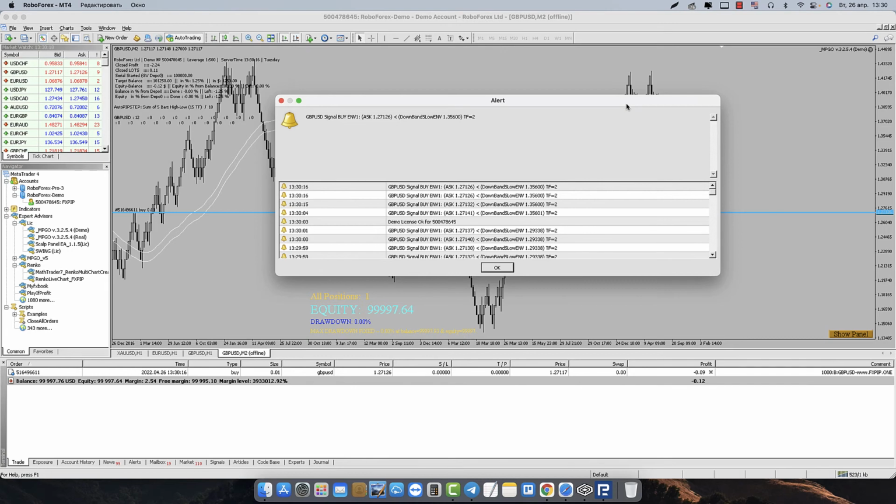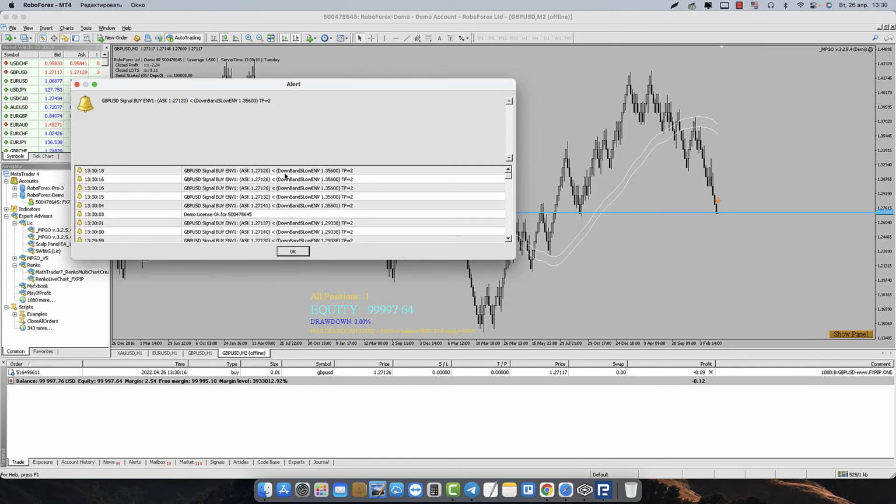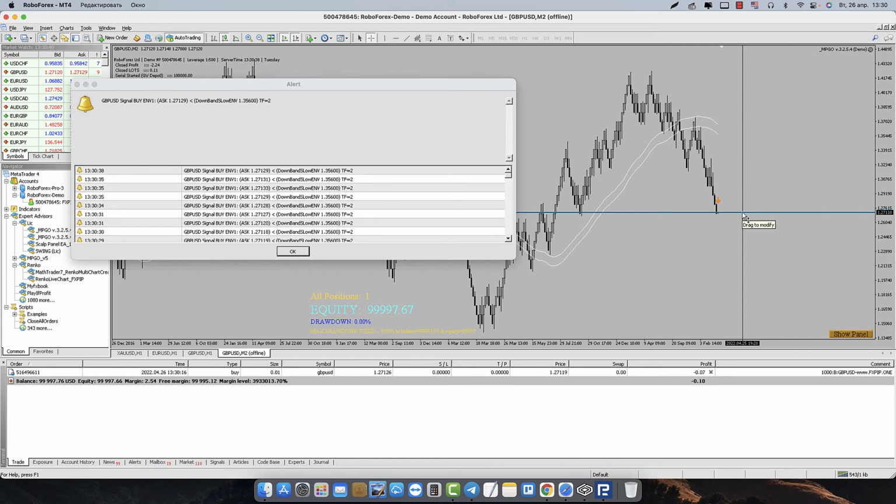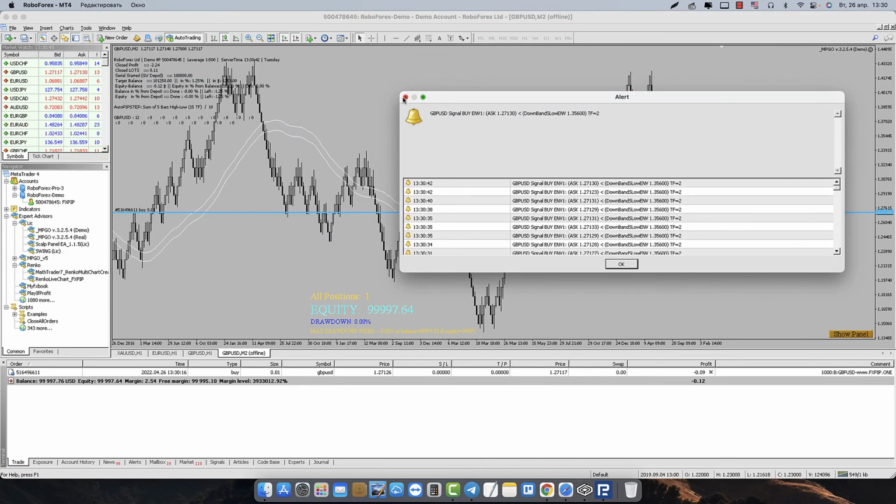Okay, now it's a buy signal. Why does it tell us a buy? Because envelope 3560, everything correct. 3560, and ask is the same, 2713, correct. So the robot works even at Renko bars correctly.